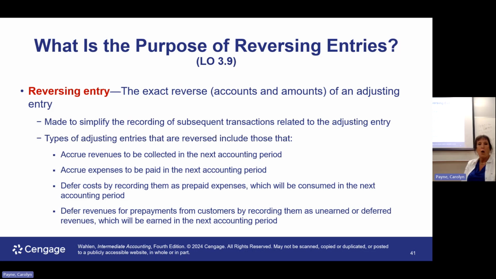All right? Okay, so if we accrued that interest, and we said it was interest expense, say $1,000, and interest payable, $1,000. And normally, maybe we're making a monthly payment on this debt. So when we make that payment, maybe in the January payment, the payment was $1,200. So we're going to credit cash $1,200.